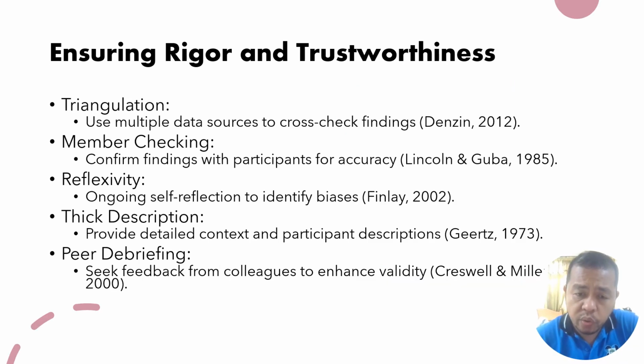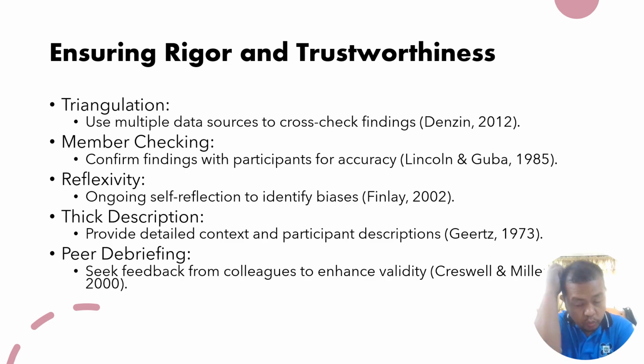Now, how do we ensure rigor and trustworthiness in the data analysis for phenomenological research? This is also very important. First, you have what we call triangulation. In qualitative research, you use multiple data sources, methods, or theories to cross-check findings and ensure that themes are well supported. For example, triangulating interview data with observations and document analysis can provide a more comprehensive understanding of the phenomenon.